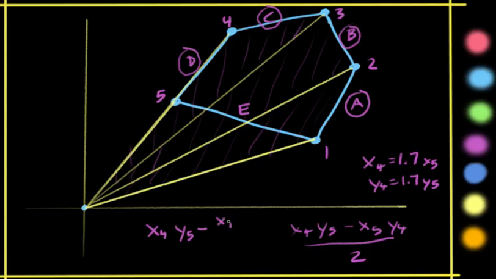And then y4 is 1.7 times y5. So this is times 1.7 times y5. And what happens is the 1.7's cancel out, and you get x4 y5 minus x4 y5. That's just 0. You get 0 over 2, which is still 0. So yeah, that triangle is going to have area 0 if they're on the same line from the origin like that. So that's kind of cool.